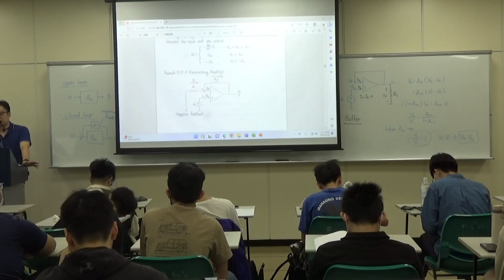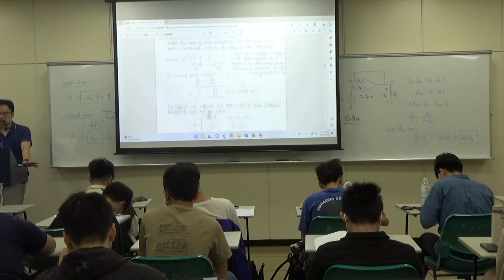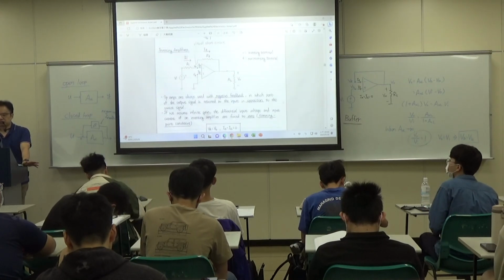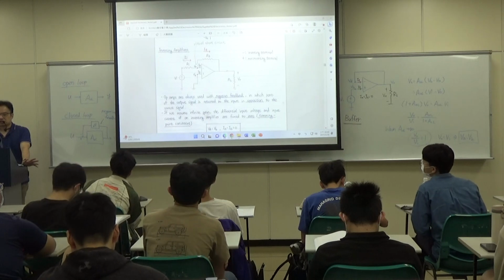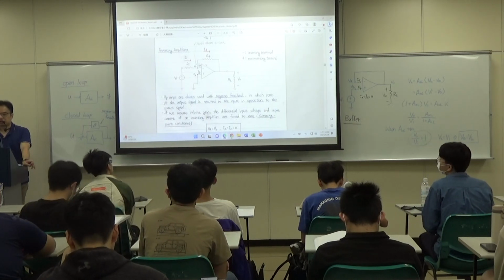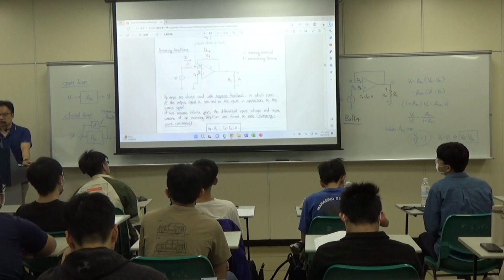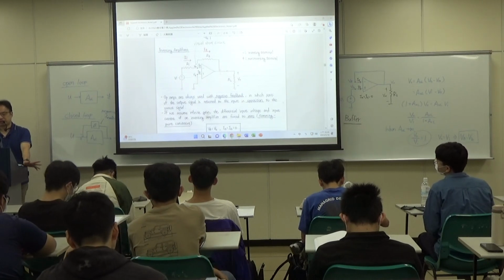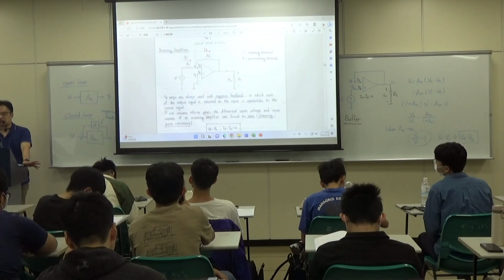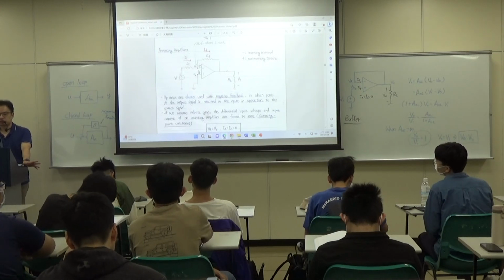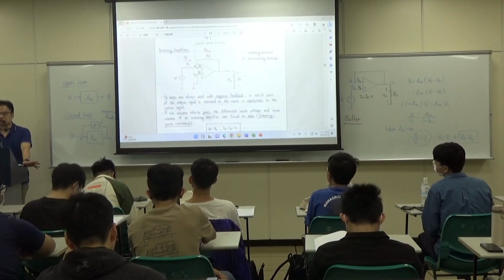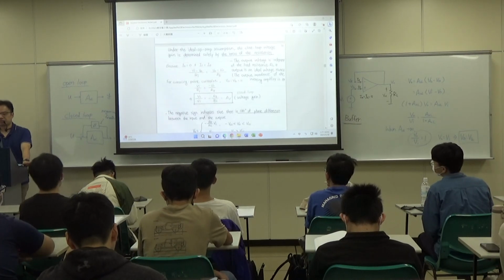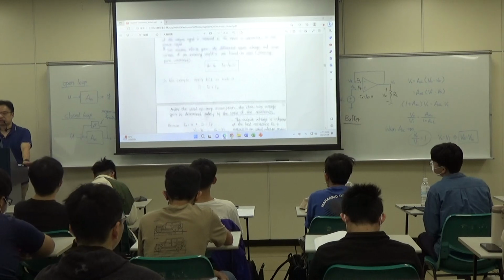And so the operational amplifier always works in the feedback configuration. We always use feedback. If we connect the voltage to the inverting terminal, the closed loop gain will be minus RF divided by RI.